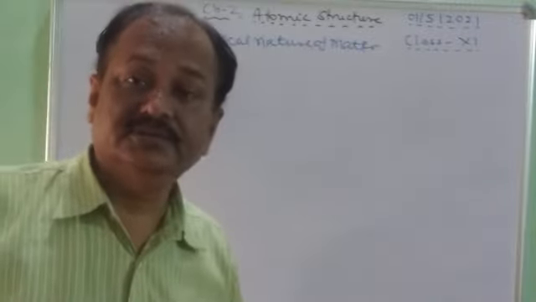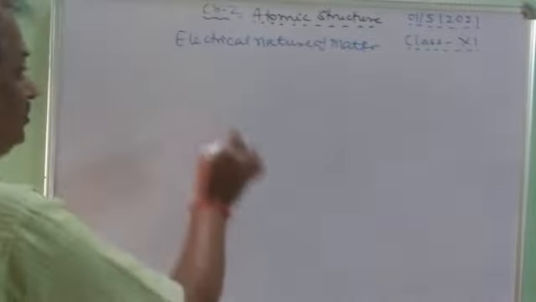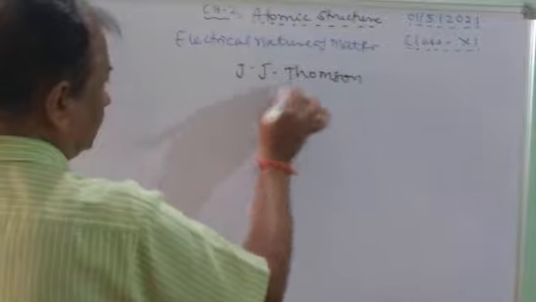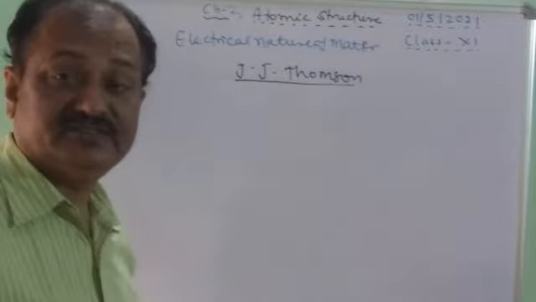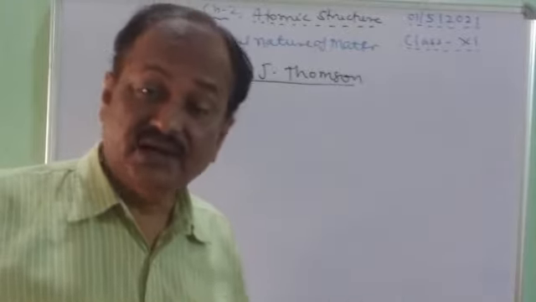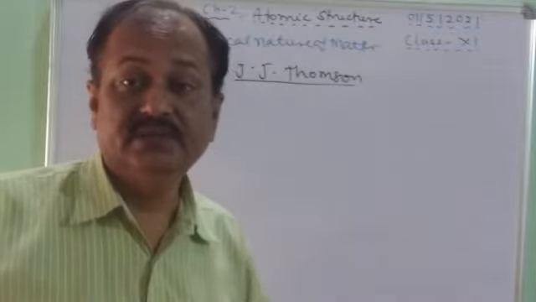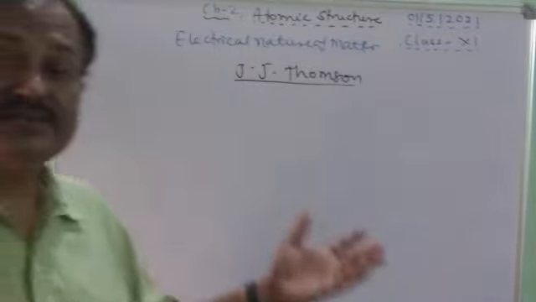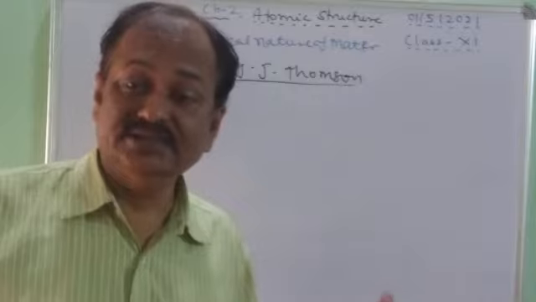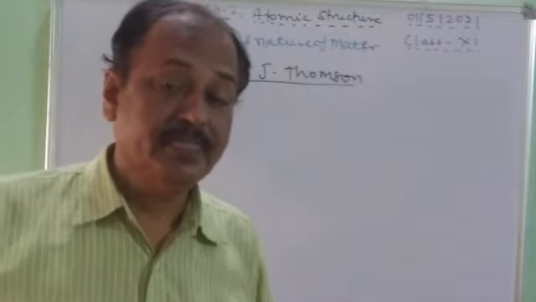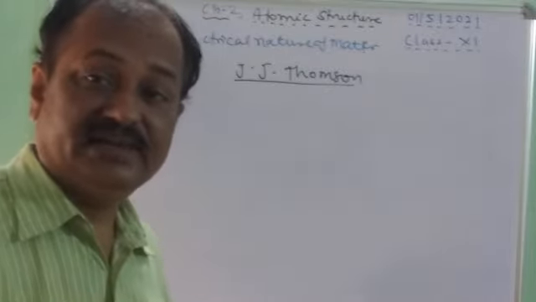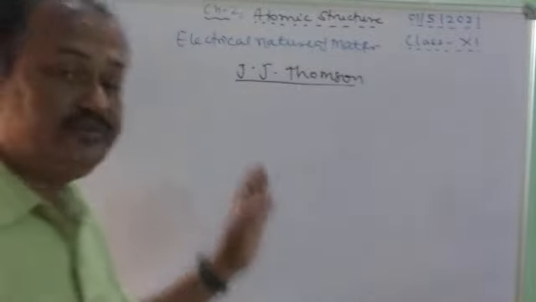After the discovery of cathode rays, it was J.J. Thomson who performed an experiment and found the charge and mass of the particles, and he named them electrons, as the particles responsible for the conduction of current in the discharge tube having very, very low pressure.